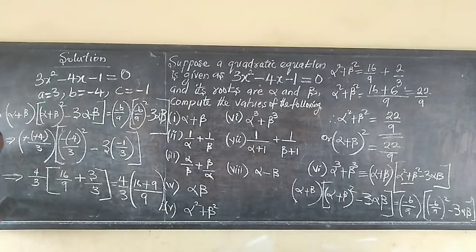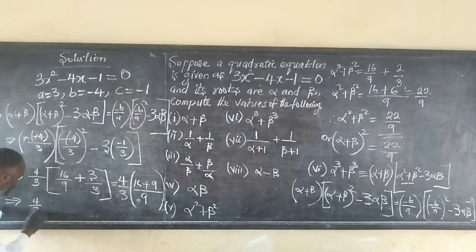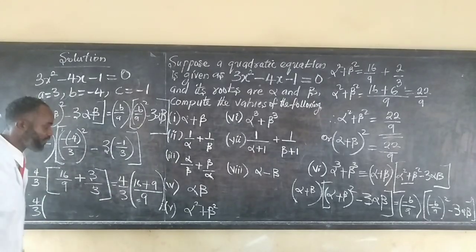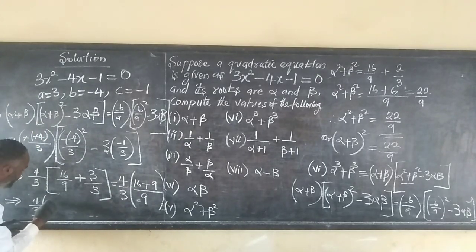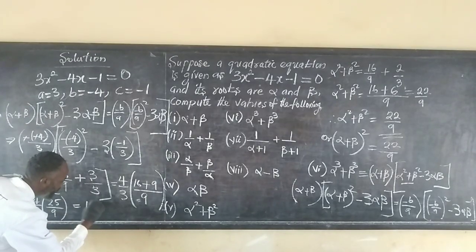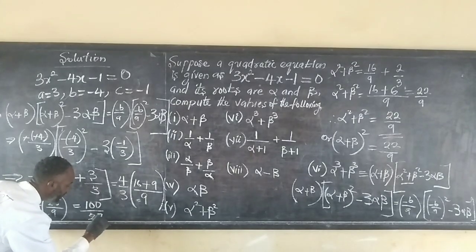At this point, we have 4 all over 3 brackets, and then 16 plus 9 is 25, so 25 all over 9. Okay, we can go. 4 times 25 is 100, and then 3 times 9 is 27.